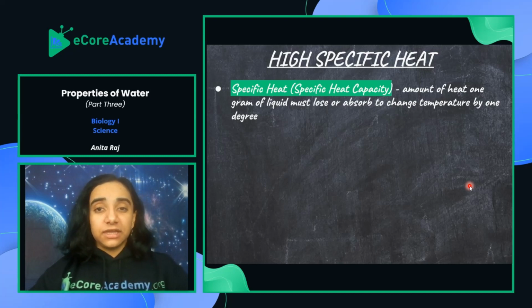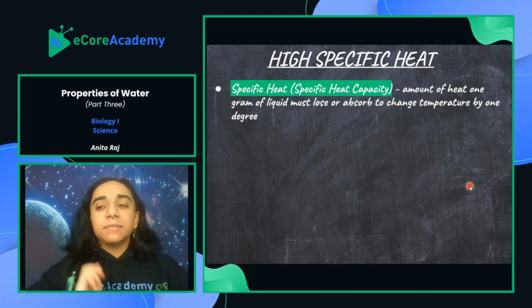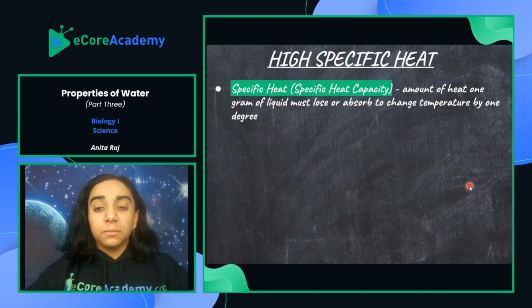So let's talk about what specific heat means. Specific heat is the amount of heat 1 gram of liquid must lose or absorb to change temperature by 1 degree. So here's my example. If you have 1 gram of water at 79 degrees Fahrenheit and you want to see how much heat you must add or take away to change that temperature by 1 degree, either from 79 degrees, by adding heat you get to 80 degrees, or by taking away heat, you get to 78 degrees.